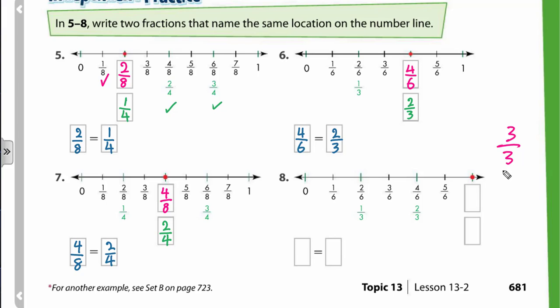What do you mean? You mean this? I should write this one? Yes, this is 3/3. Okay, so 3/3 is down, so I will write 3/3 down here.